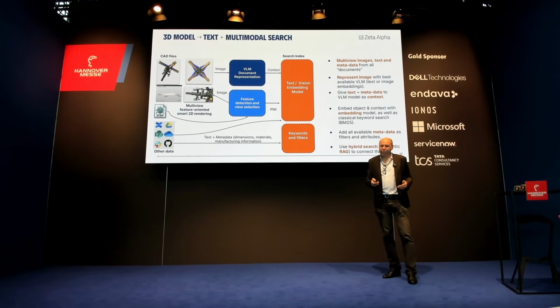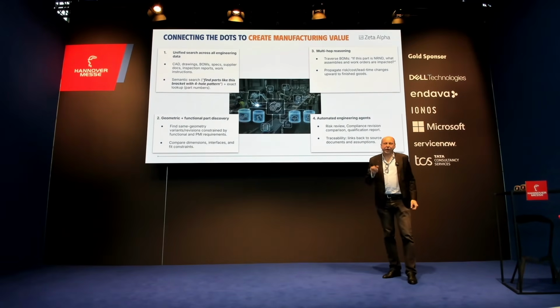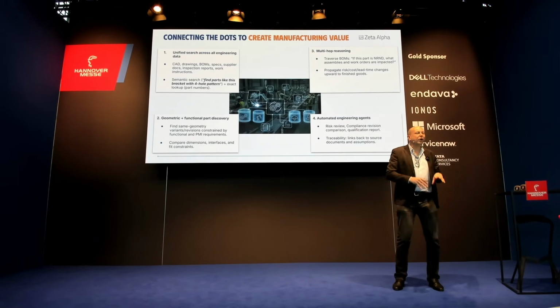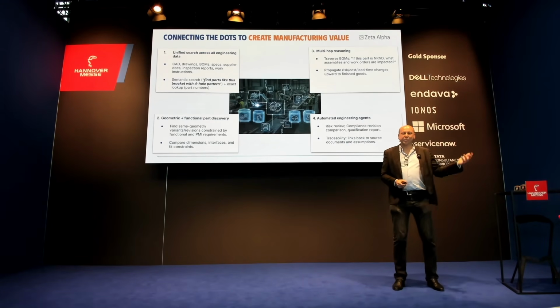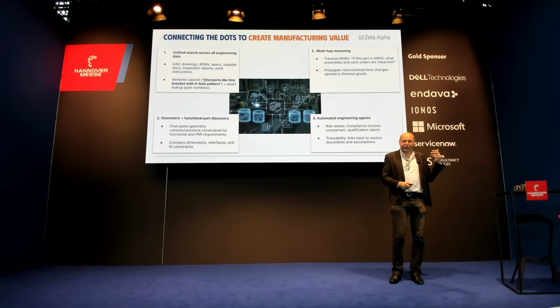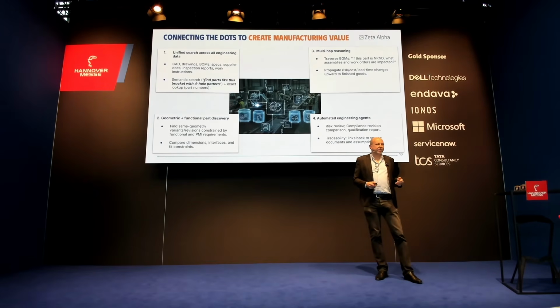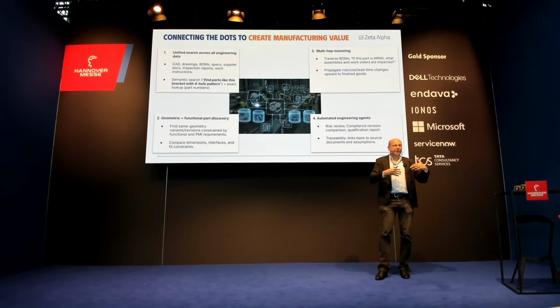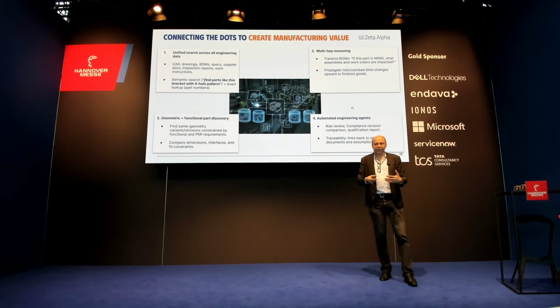So let me give you some examples. What is really important is that you don't have only the CAD models, but you also have all the other information: your bill of materials, your supplier documents, your inspection reports, your work instructions. So you want to do semantic search across all of these different information sources, and then combine the geometric and functional and connect the dots.